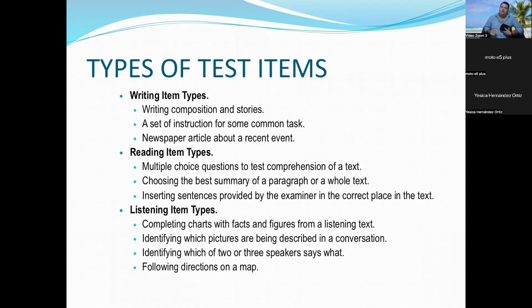Yeah, for example, you have a paragraph and then you say, write the best title of the paragraph or of the story. Or you have the paragraph, but you have the sentences randomly ordered. You need to put them in order. Things like that.